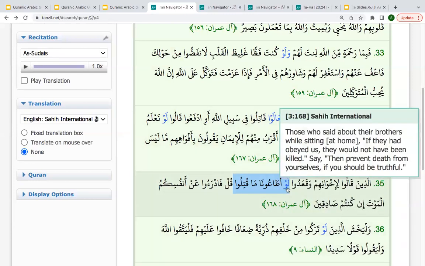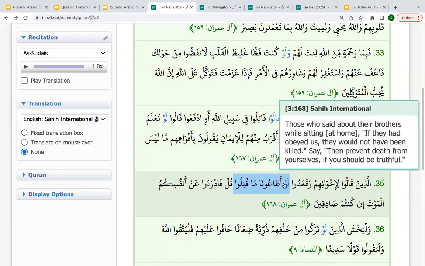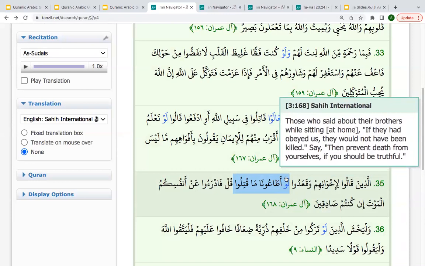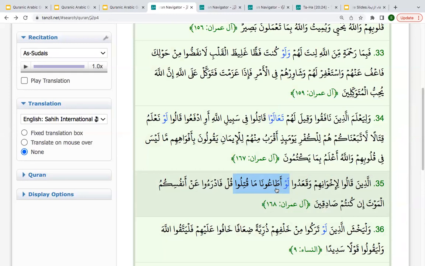What is this low? Harf shart low, right? Harf shart low. Will it have any i'rab? Will it make anything majzoom after it? Barakallahu feek, la mahalla lahu min al-i'rab. Will it make anything majzoom after it?